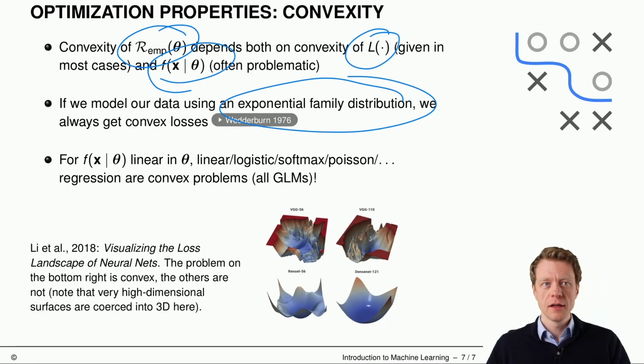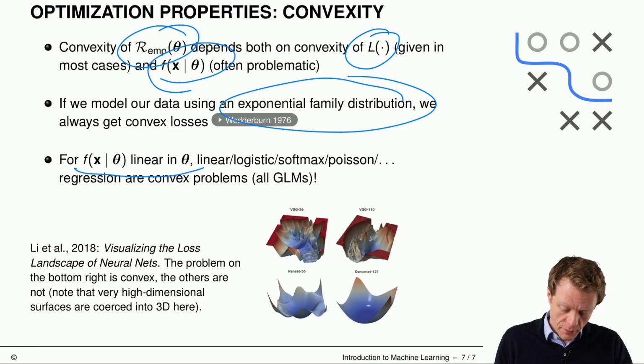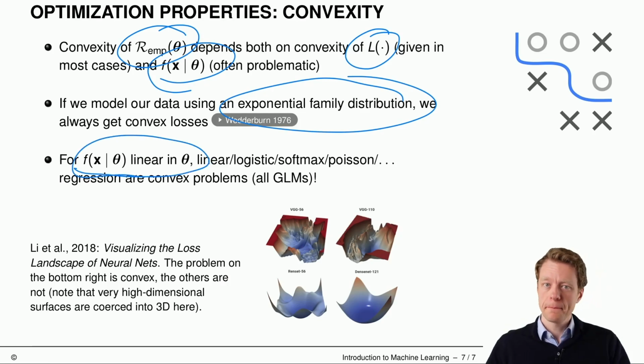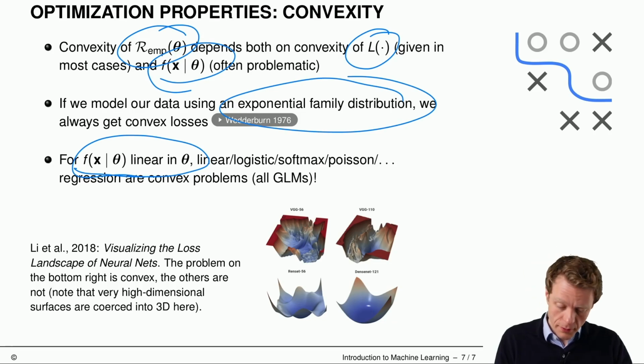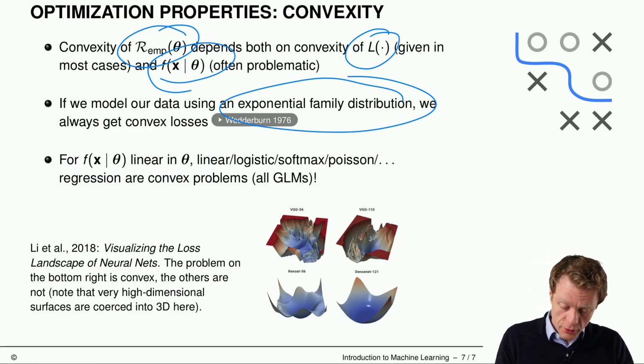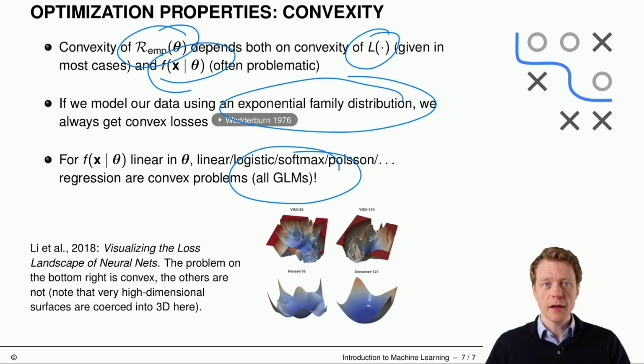That's a good start. And if the model is linear, which is a convex function, right? Not strictly convex, but convex, then the resulting empirical risk minimization problem is also a convex problem, which means that all GLMs, so generalized linear models, are convex, which then again means that every local minimum is also a global minimum.